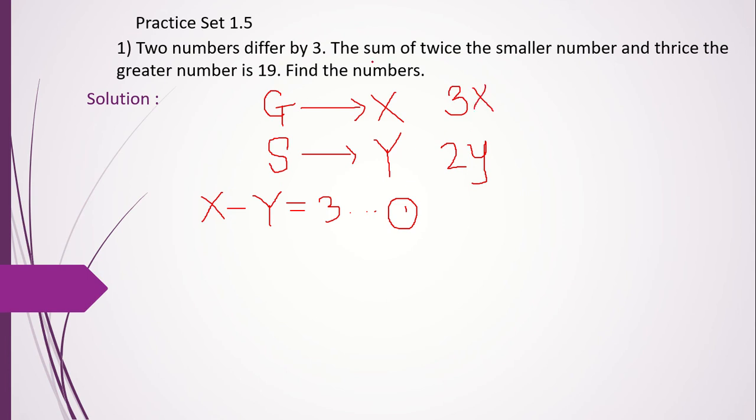And the word sum means addition. Sum of these two is 19. So I get 3x plus 2y is equal to 19. I got my equation number 2 now.